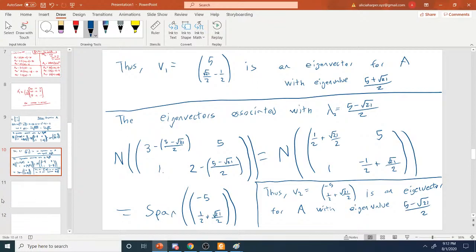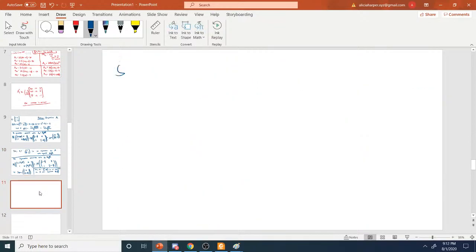All right, now set E to be the set of the two vectors. The first vector is 5, and then the square root of 21 over 2 minus 1/2. And the second vector is negative 5, 1/2 plus the square root of 21 over 2.